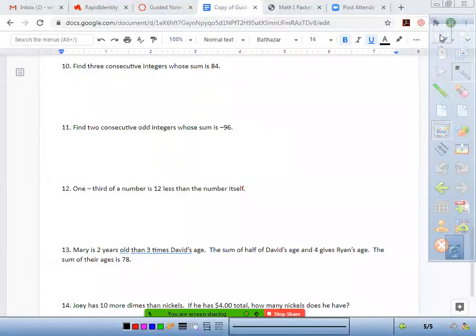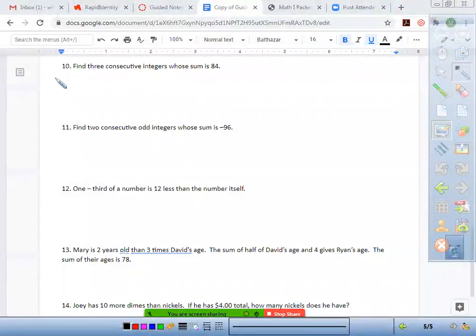So find 3 consecutive integers whose sum is 84. So for 2 consecutive, it was x and x plus 1, right? Now let's think about what would it be then for 3 consecutive integers.